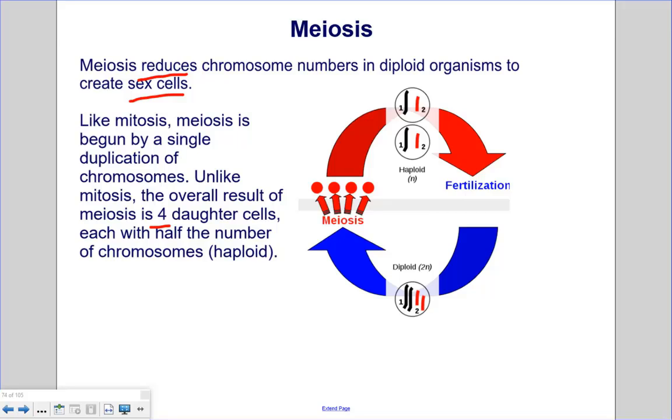So in the diagram here, on the bottom we see a diploid cell that has 2 sets of chromosomes. It undergoes meiosis to produce 4 daughter cells, as seen here. And then 2 examples of gametes, the sperm and the egg, come together, and by fertilization, they produce a new diploid cell, which will be a new individual.